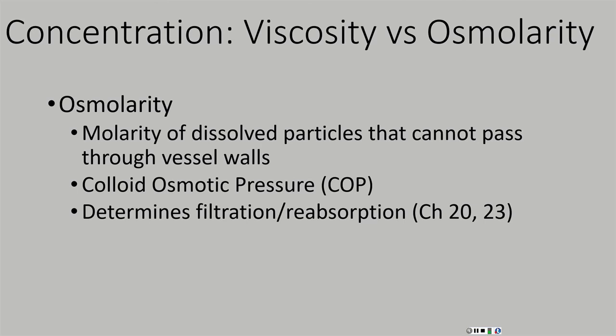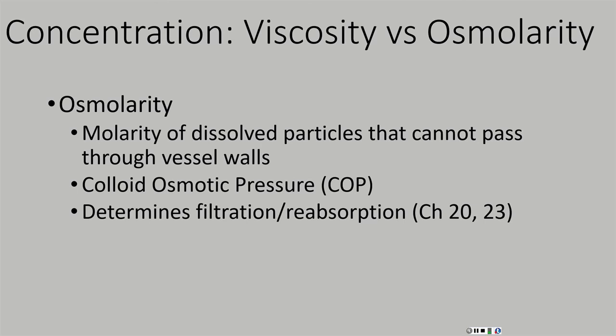So how do we figure out what the osmolarity is? The osmolarity is determined by the things in that liquid that are too big to pass through blood vessel walls. When we talk about capillaries later on, capillaries are really, really permeable. It's easy for liquid and really, really small things dissolved in that liquid to pass through them.